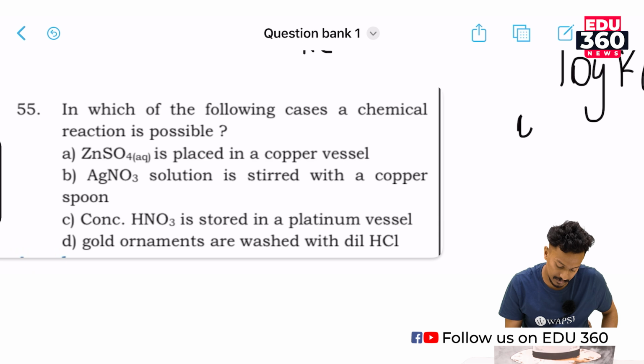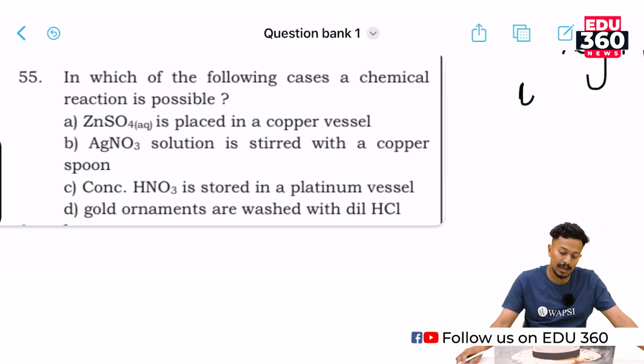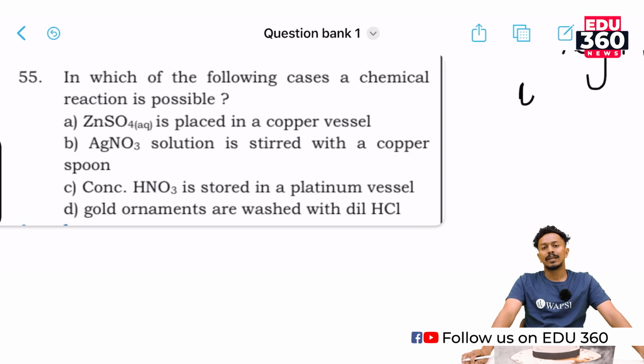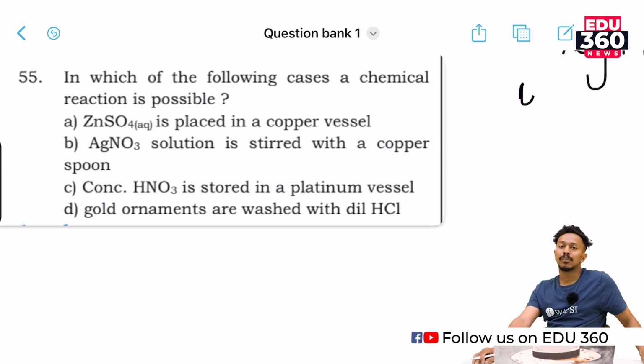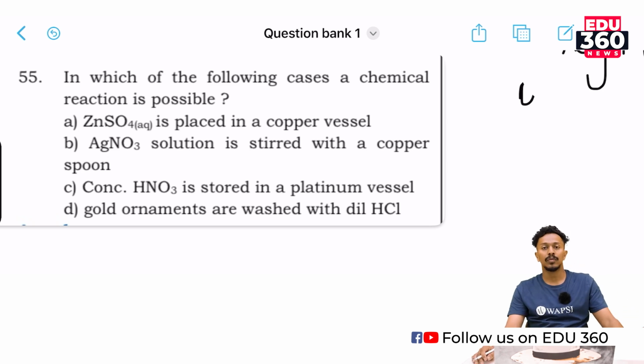Moving on to our next question: in which of the following cases is a chemical reaction possible? We know that according to the electrochemical series, gold and platinum are on the lowest side of the series, so they do not react with the upper side.